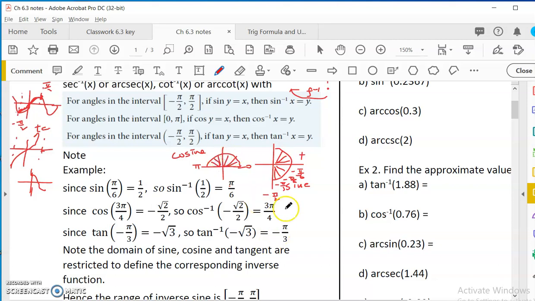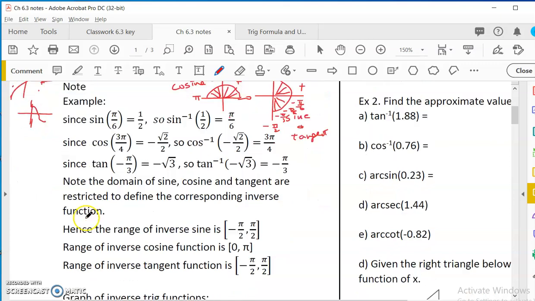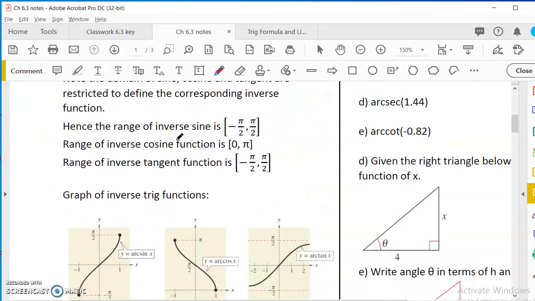Basically, sine and tangent use quadrant 1 and quadrant 4. Cosine uses quadrant 1 and 2, because cosine is positive here and negative here, but the angle is from 0 to pi. So remember the restricted domain.